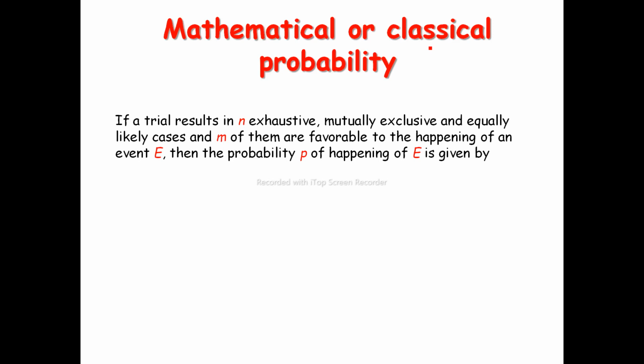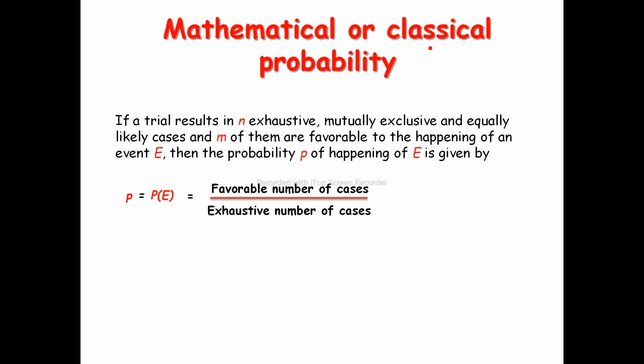Me eating the ice cream. So what is the probability of me eating the ice cream? That is given by the equation P of E, which is equal to the favorable number of cases, if head occurs, that is one case, divided by the exhaustive number of cases, head and tail. So it is given by m divided by n.